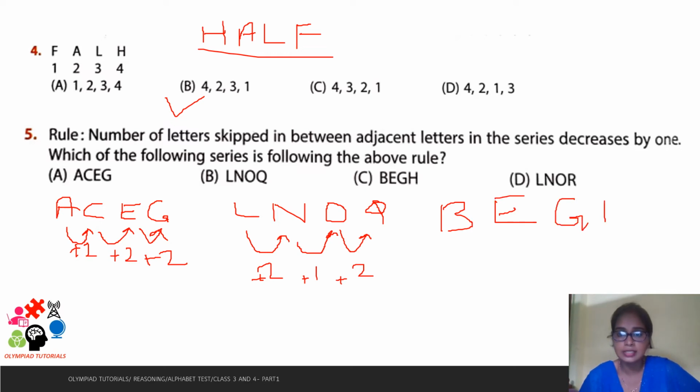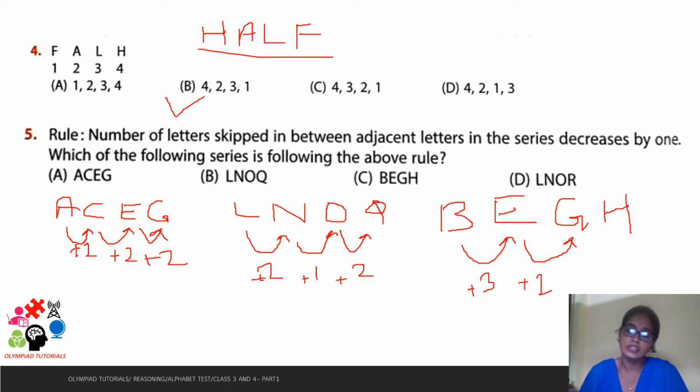If you consider this, from B if you move on to E, B, C, D, E, that means plus 3. Then E to G, you have E, F, G. Here you have plus 2, and G and H means plus 1, the very next letter.